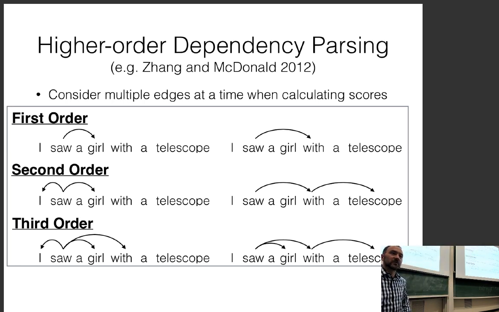Saw with telescope, yes, exactly. If you're seeing with something, you're probably going to be seeing with some sort of instrument that is used to do seeing, right? So saw with telescope seems like a pretty informative pair of edges to have. And you don't get that if you only do this here. So before neural networks, this higher order dependency parsing was really, really important.